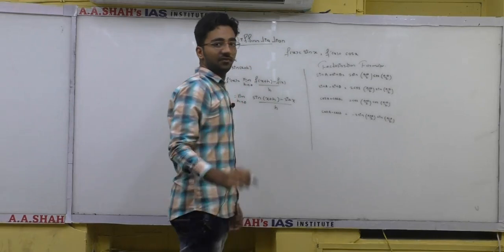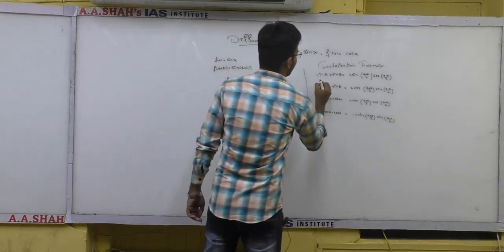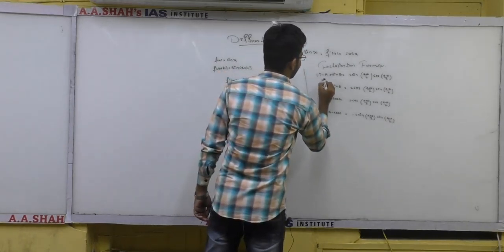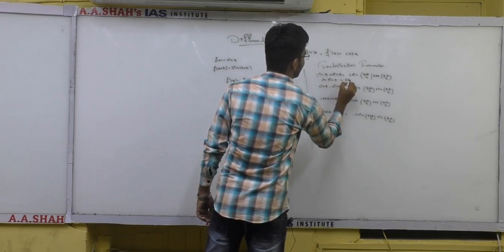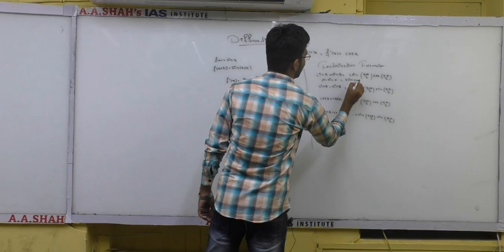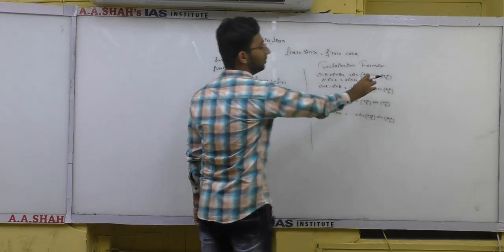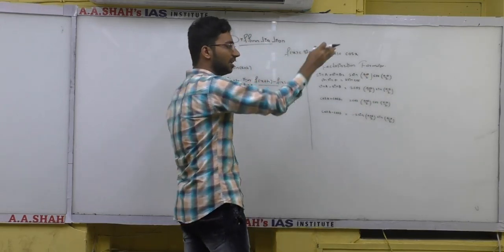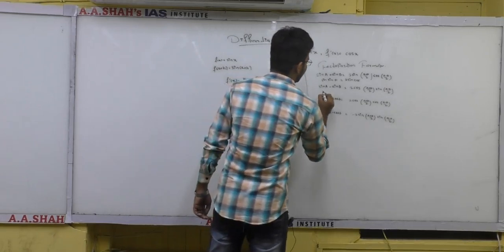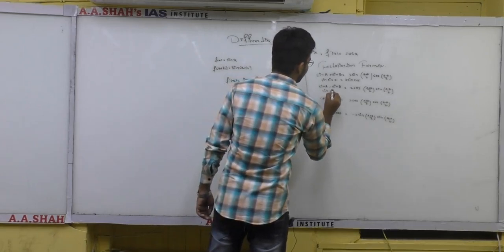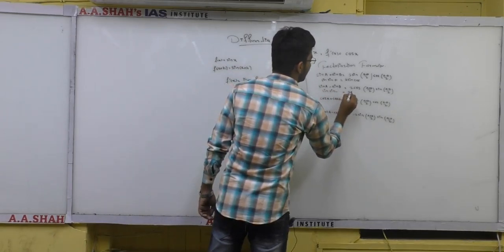Now how to remember these formulas? If we have sin plus sin, then we say 2 sin cos, because the middle part, the angle, will be a plus b upon 2, and a minus b upon 2. If we have sin minus sin, then we say 2 cos sin.